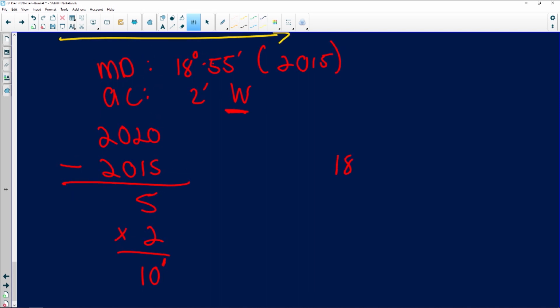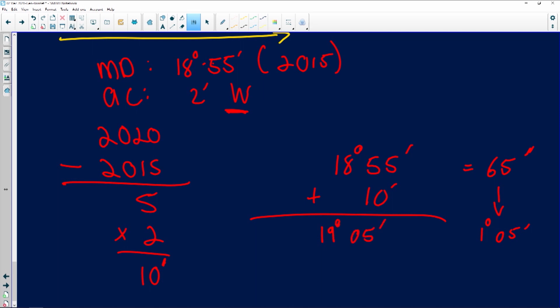So it's 18 degrees, 55 minutes, plus 10 minutes. 55 minutes plus 10 minutes gives me 65 minutes. Am I correct? We don't talk about 65 minutes. That 65 minutes is going to be 1 degree and 5 minutes. So what's it going to be? 19 degrees, 5 minutes west.